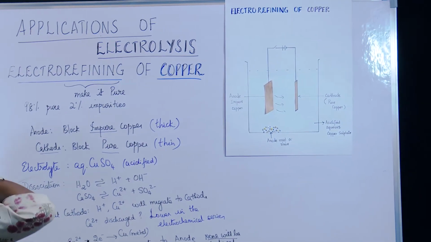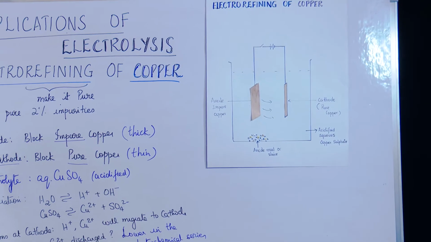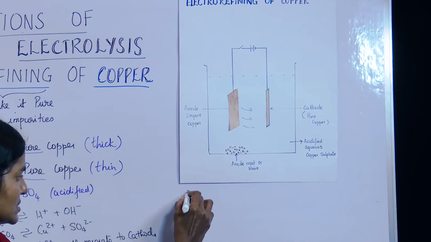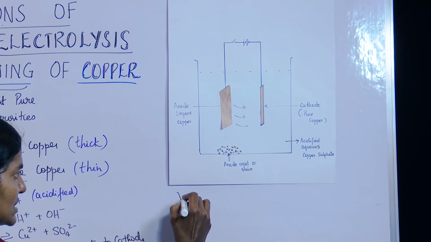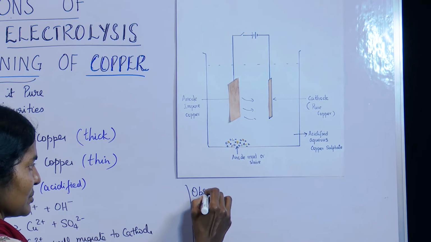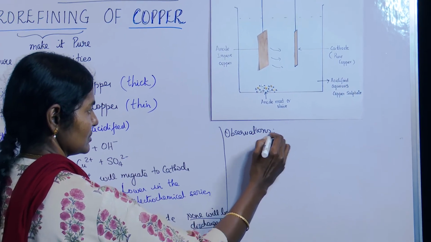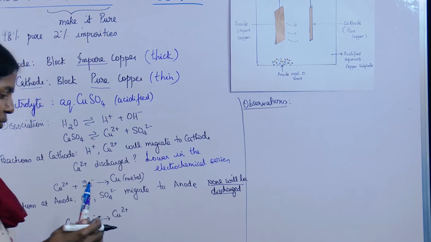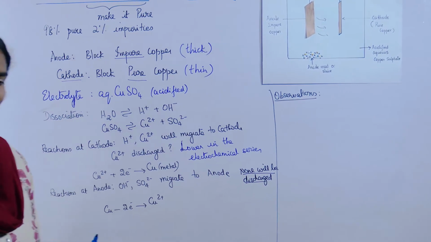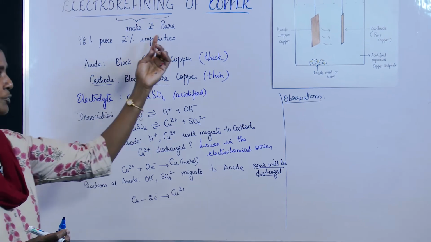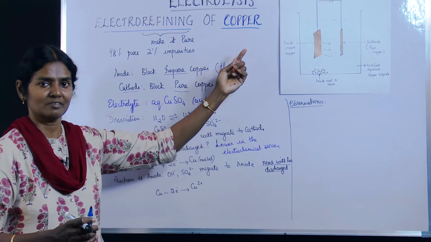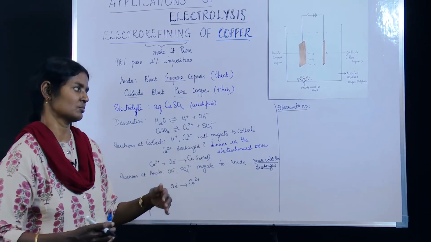During this process there are quite a number of interesting observations. What are we doing this for? We are doing this to get pure copper metal, which means we have to remove the impurities.